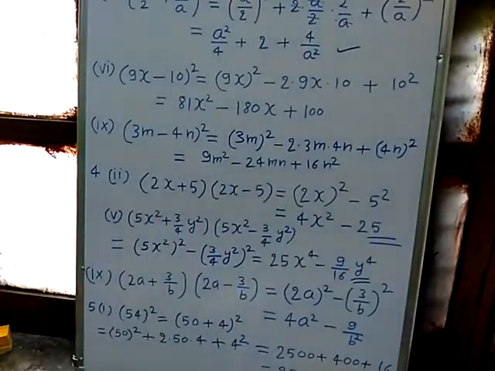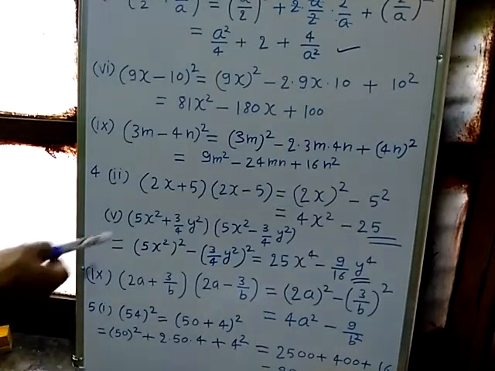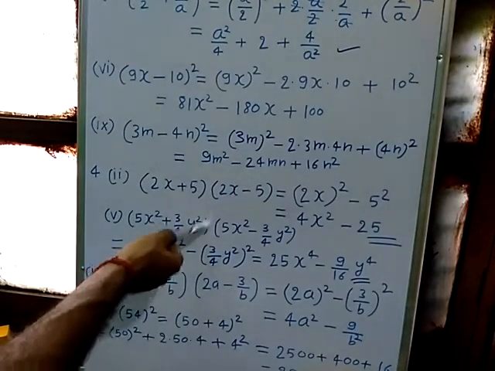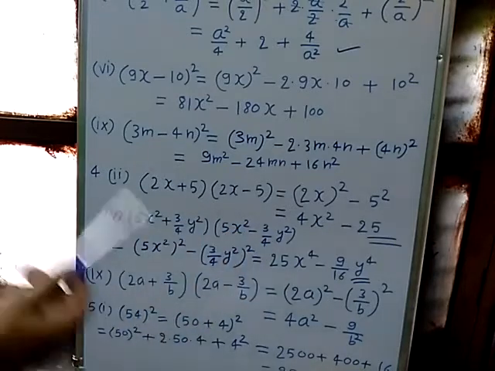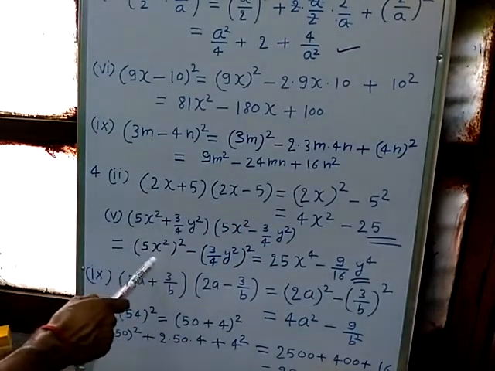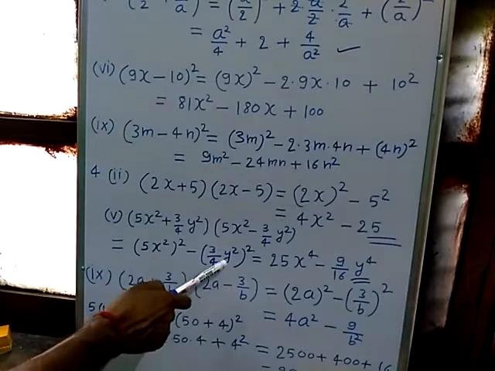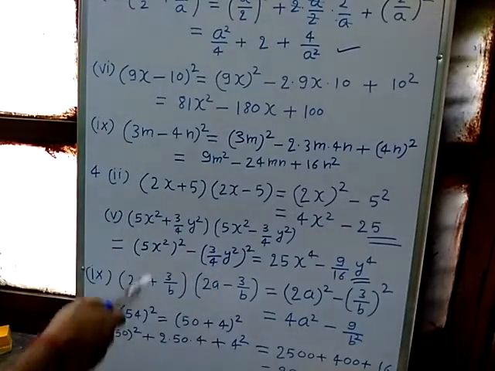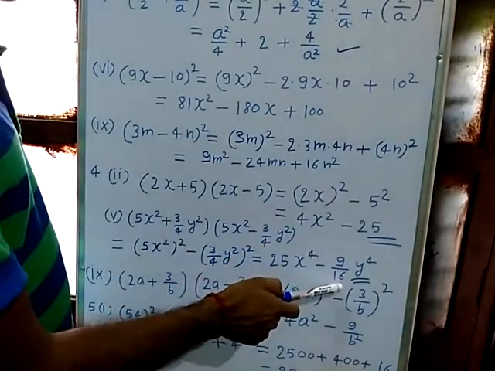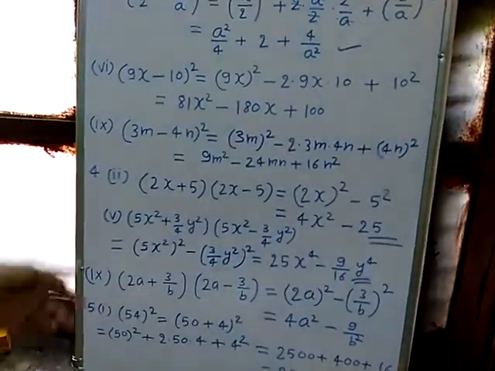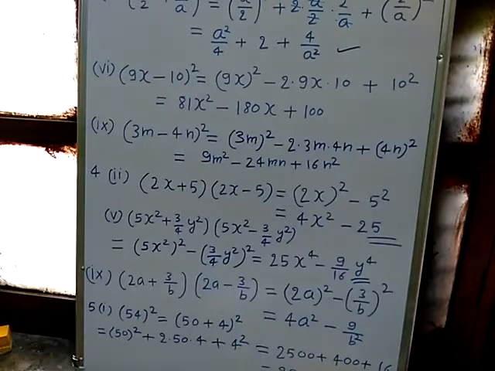Fifth one, that is 5x square plus 3 upon 4y square into 5x square minus 3 upon 4y square. According to the identity, 5x square the whole square minus 3 upon 4y square the whole square. So 5 square 25x to the power 4 minus 9 upon 16y to the power 4. Next, ninth part of the question.